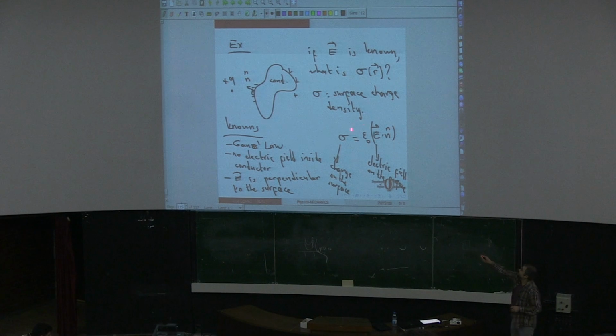Now this equation doesn't have any meaning away from the surface. Just take any point on the surface. E is the electric field on that point, and n is the unit vector pointing out of that surface. And then this is the charge density. You get the total charge.